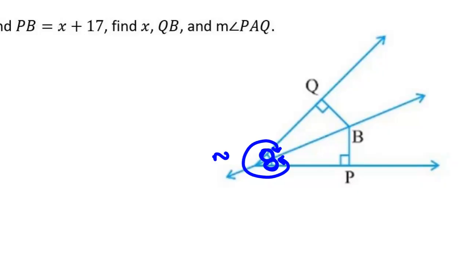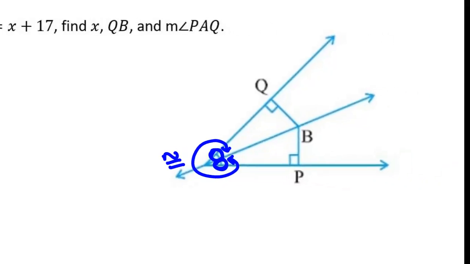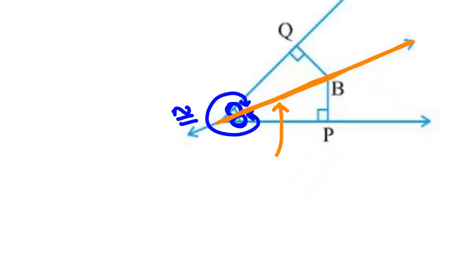They are congruent. So that means that this ray right here is called what? An angle bisector, yes.